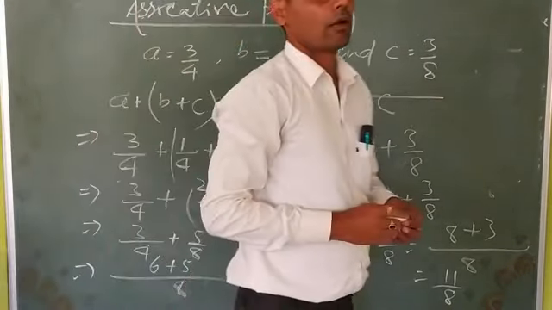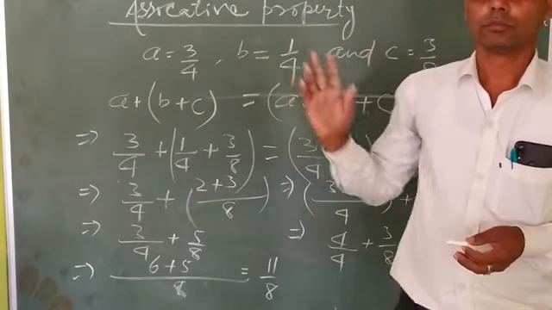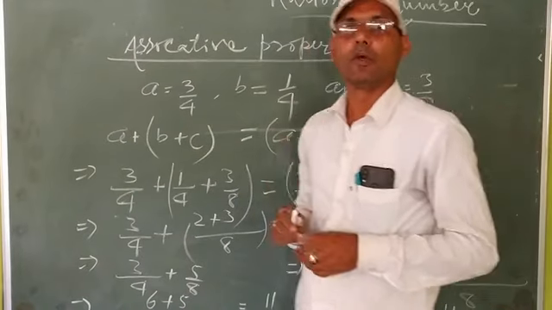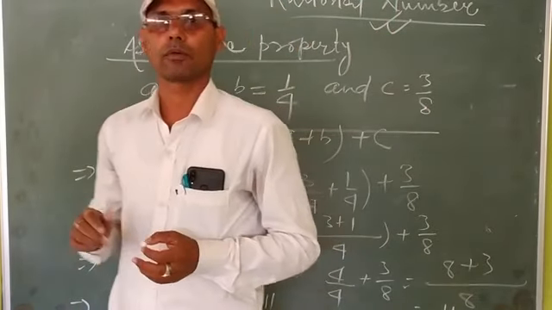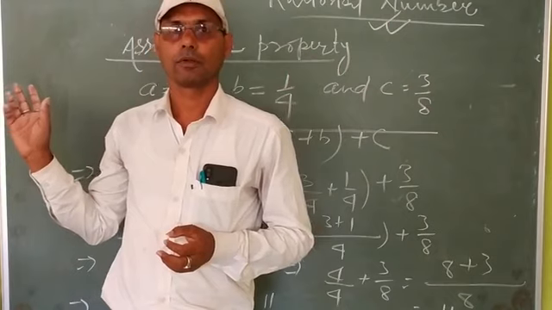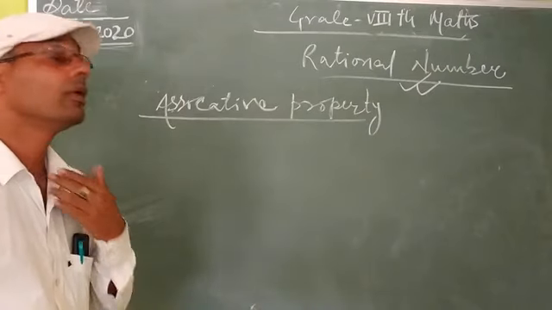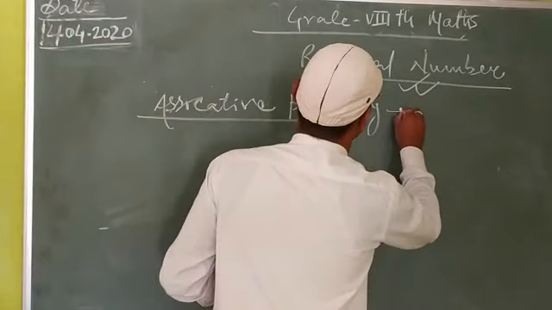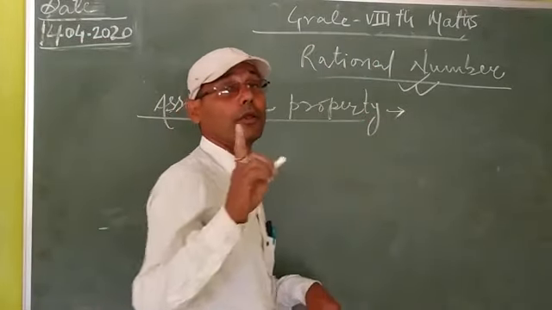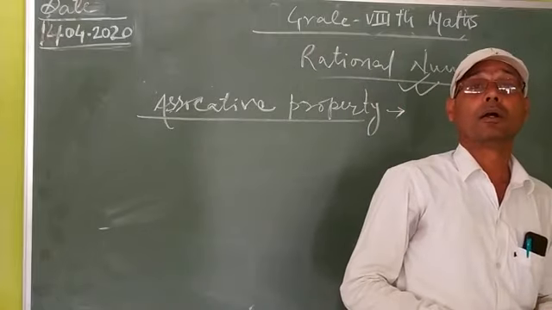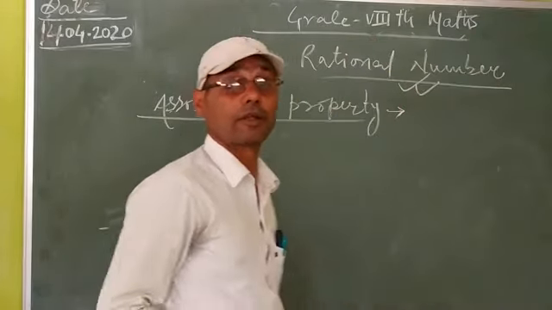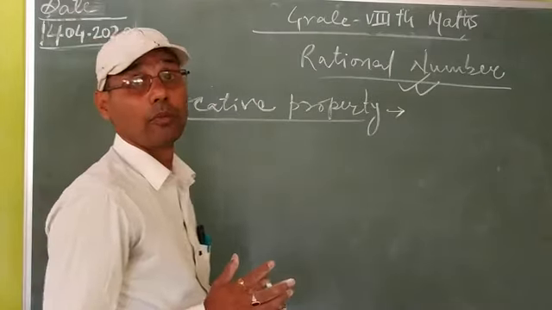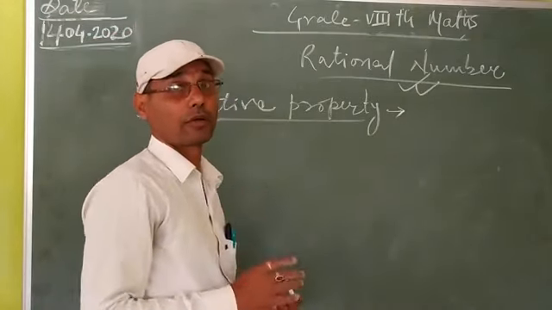I am showing you the text of your book. Then you will see what you have to read next. Associative property. In the associative property, I said it doesn't change the result if we take three rational numbers in a grouping, the result of the sum and its product.